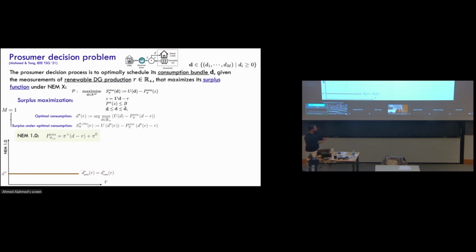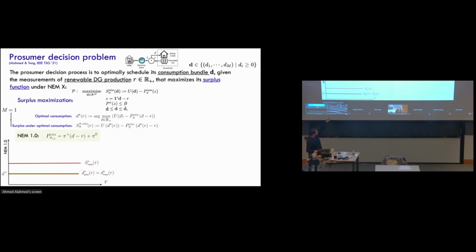If you are a prosumer, if you have solar, under net metering 1 it turns out that your consumption is not going to be a function of the renewables, because you basically don't care if that renewable is locally consumed or sold back to the utility. You get the same value for local consumption and selling back. So that's why you have a straight line.